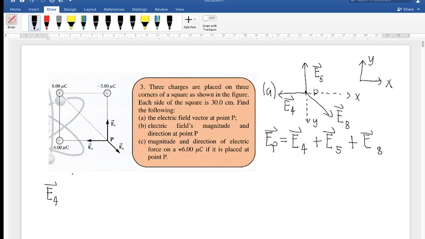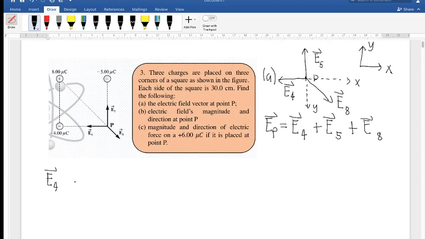Okay, so the electric field produced by negative 4 microcoulomb is in a straight line, meaning nga along siya sa the x-axis. So kung along siya sa x-axis, meaning wala siyang y component. So naalang siya x component. So the electric field vector has only x component.